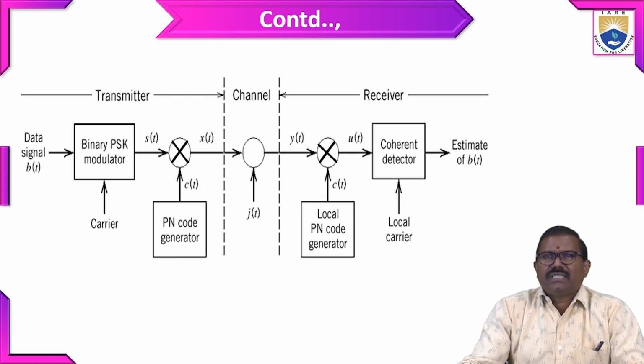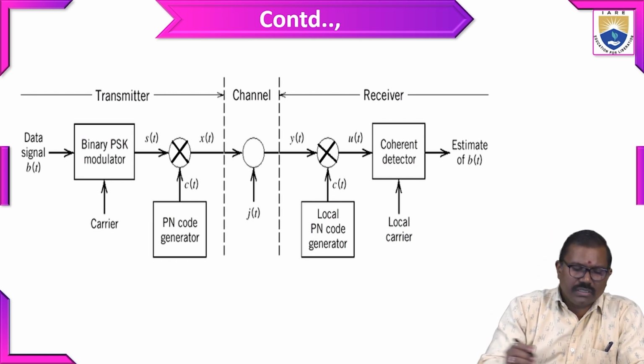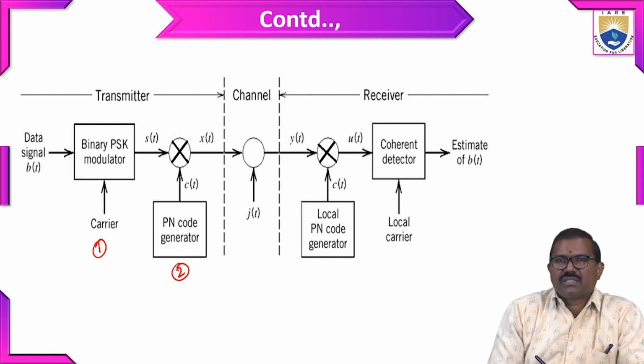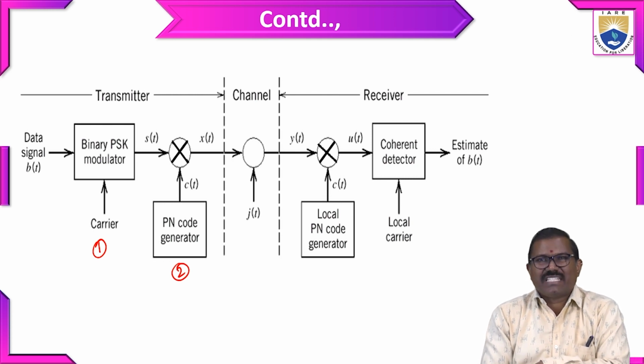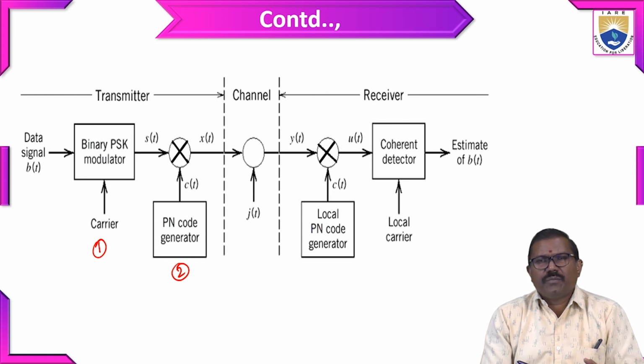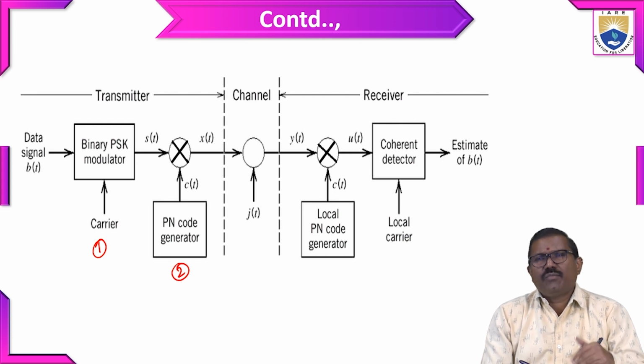This is a simple block diagram. Here you can see b(t), my NRZ encoder signal, which is applied to the binary PSK modulator. This is the first modulation, and the second modulation is done using the PN code generator. So b(t) is multiplied with the carrier c(t), producing s(t), which is a modulated signal, and it is modulated again using the PN code sequence generator.